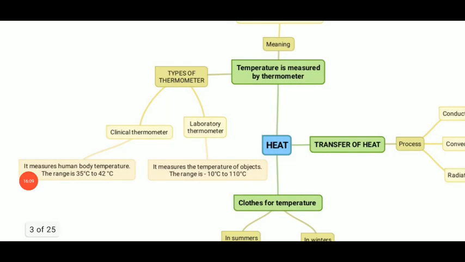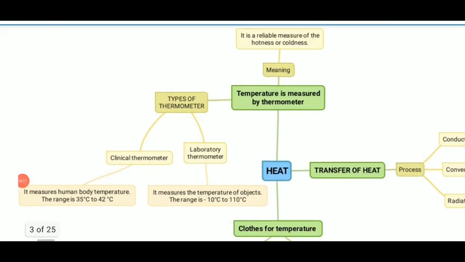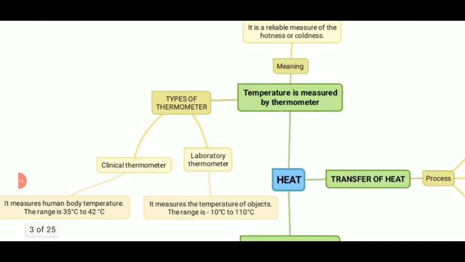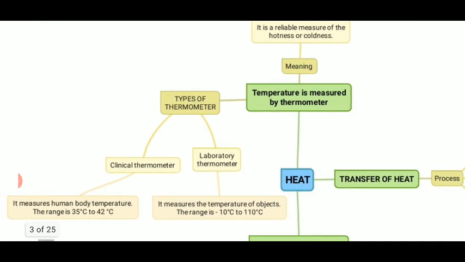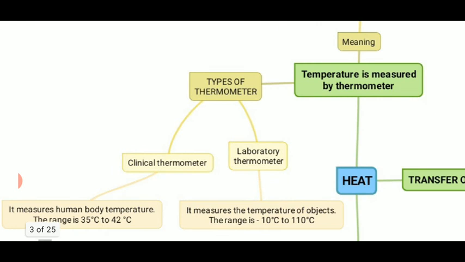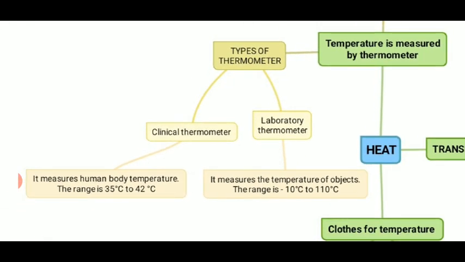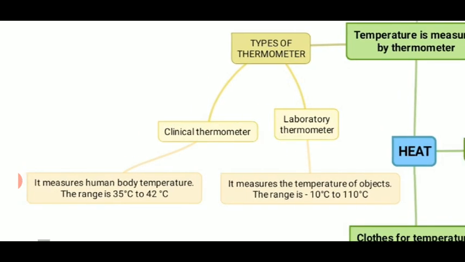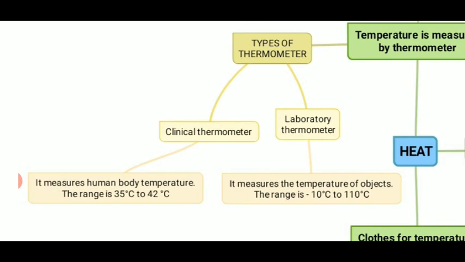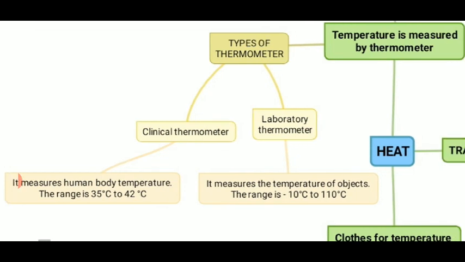So in this chapter, we have covered what temperature is, that is a reliable measure of hotness or coldness, and the tools used to measure temperature, that is thermometers, where we learnt about two types: the clinical thermometer having a range of 35 degrees Celsius to 42 degrees Celsius, and the laboratory thermometer used to measure the temperature of objects, having a range of minus 10 degrees Celsius to 110 degrees Celsius.